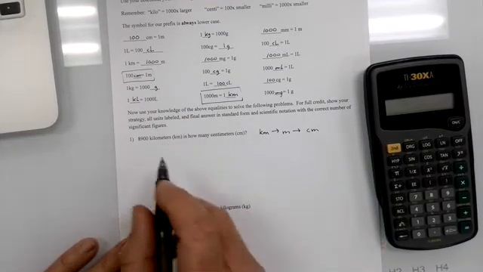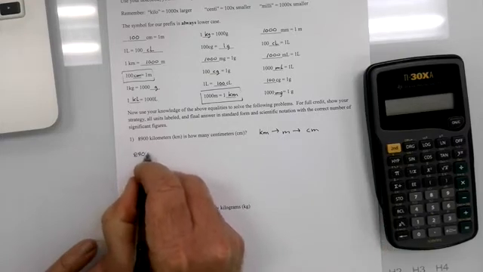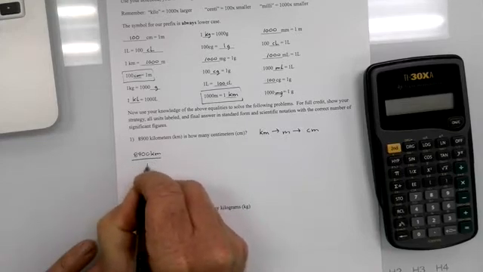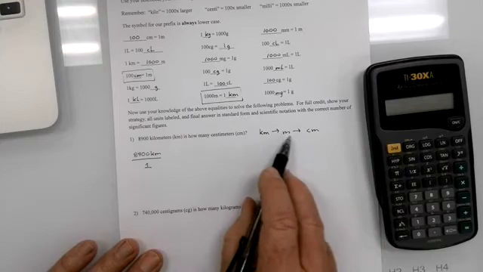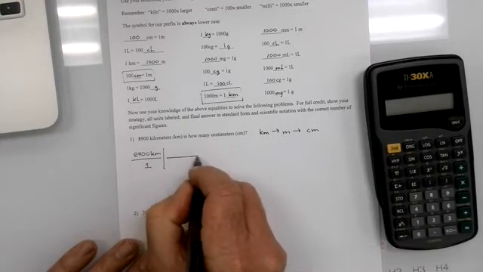Okay, all units labeled. Okay, fine. 8,900 kilometers over 1. I know my strategy has 2 arrows, so I'm going to have 2 conversion bars.